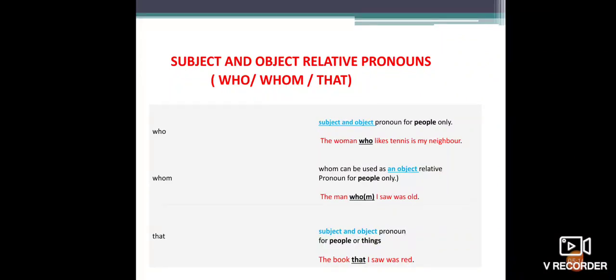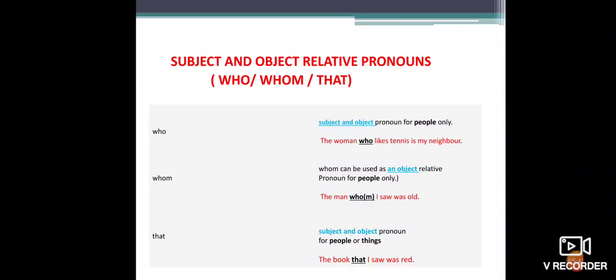Whom here can be used as an object relative pronoun for people only. Take care, it's an object relative pronoun. It can't be used as a subject relative pronoun. For example, the man who or whom I saw was old. Here I used who or whom as an object relative pronoun.